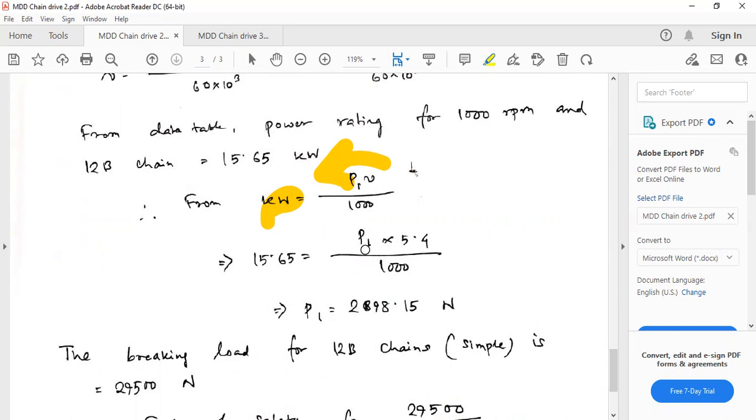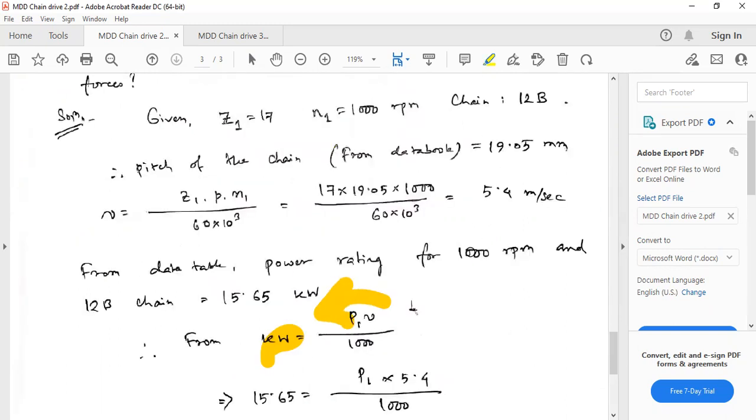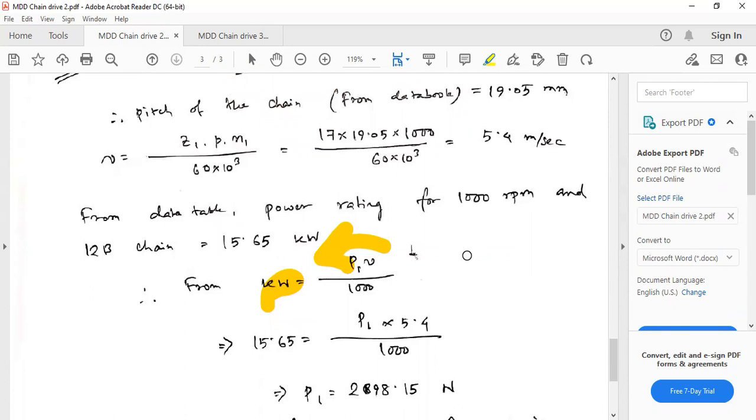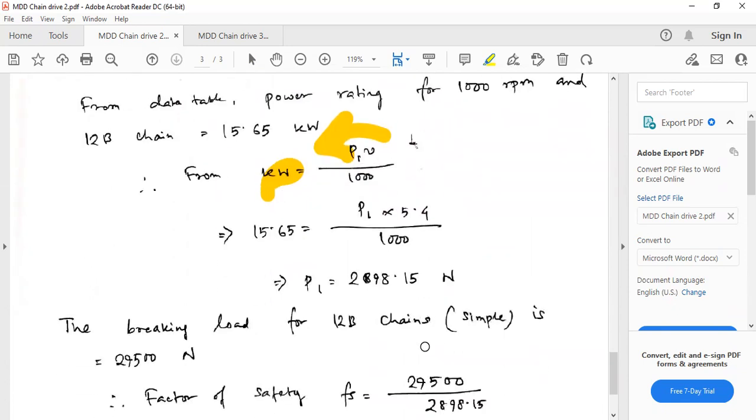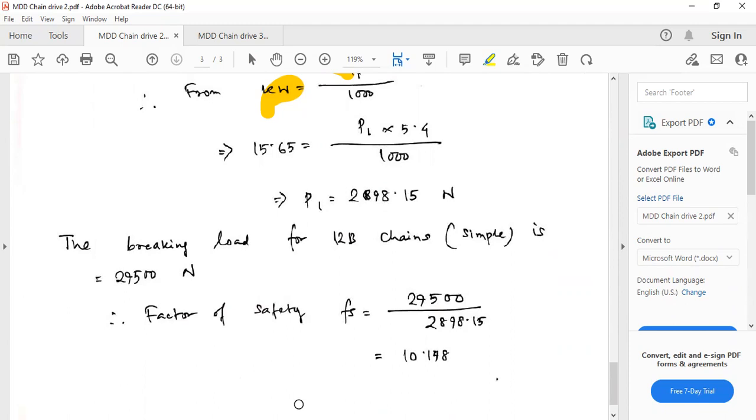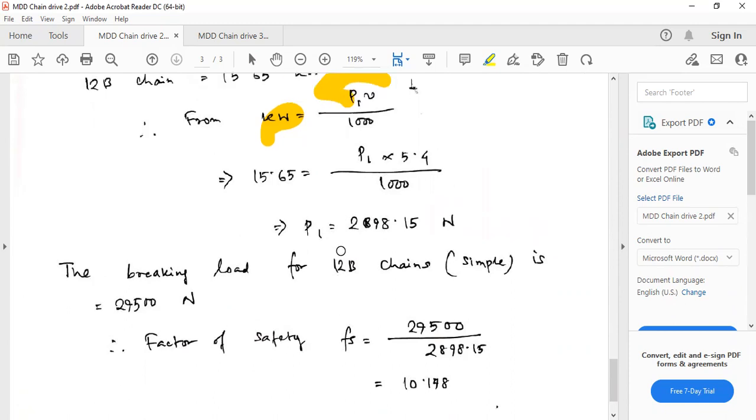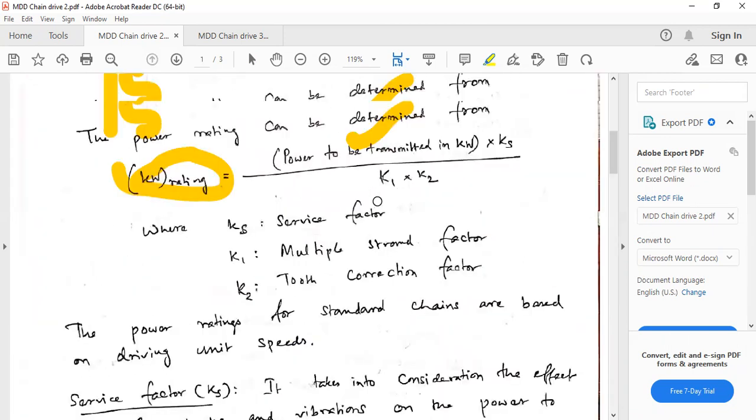So 15.6 equals P1 into 5.4 divided by 1000. From here, if my calculations are correct, P1 equals 2898.15. So we have got the allowable value of the force, or right side tension.